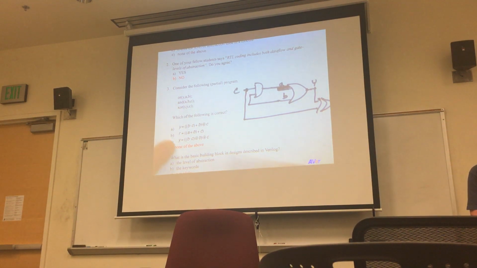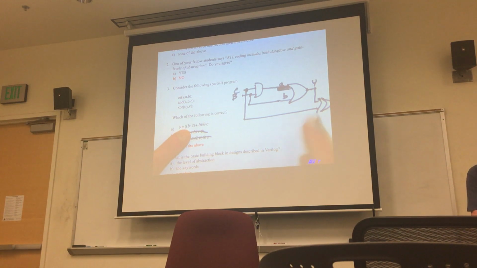So if you look at this, this is B and C exclusive ORed with B. Well, here's B and C, it's not exclusive ORed with C. So this one's out. A or B or C is equal to R. That's not true.